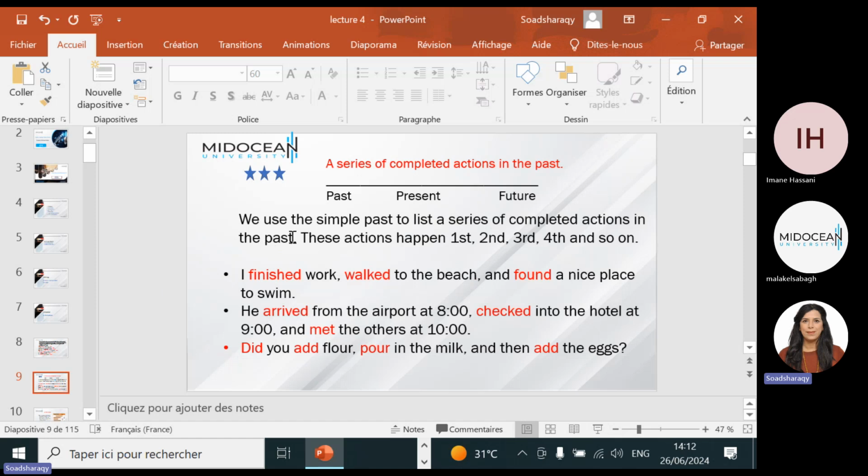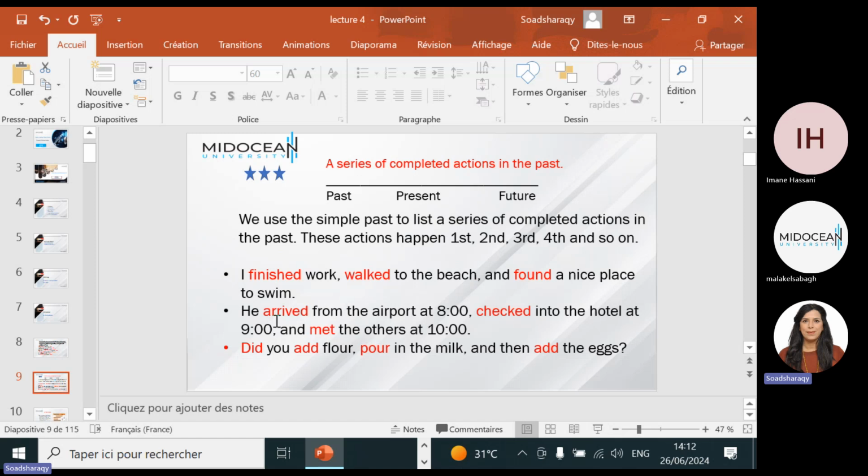We also use the simple past to list a series of completed actions in the past. These actions happen first, second, third, fourth, and so on. Example, I finished work, walked to the beach, and found a nice place to swim.